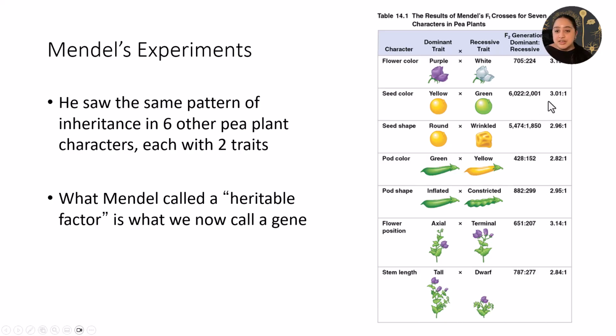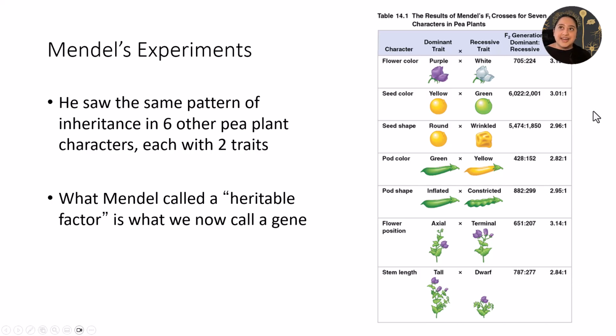And when he did the division again, that comes out to about 3 to 1. In this huge number of totals, and in each generation, he saw this pattern. And the same for seed shape, roughly 3 to 1, pod color, pod shape, flower position, stem length. There's a little bit of variation, but it's roughly 3 to 1.